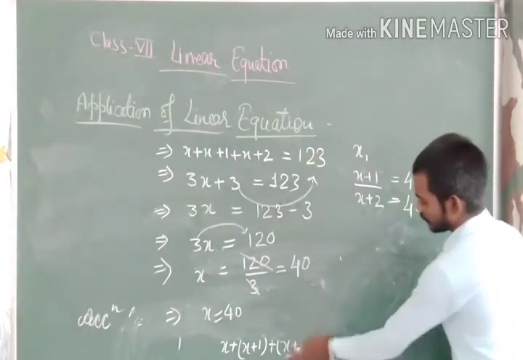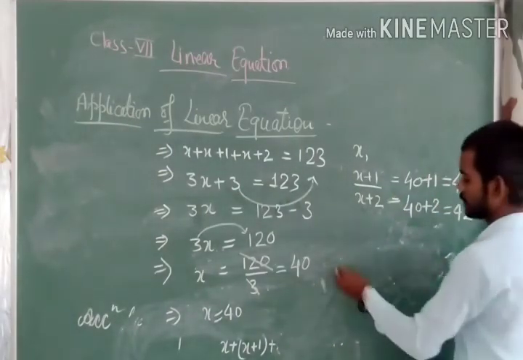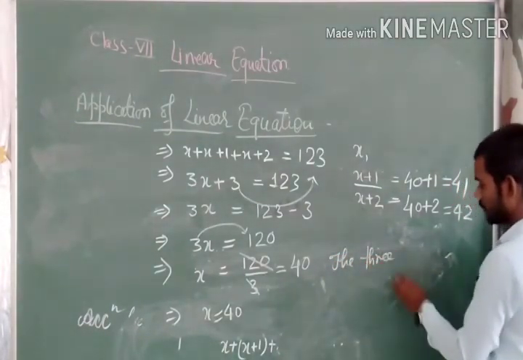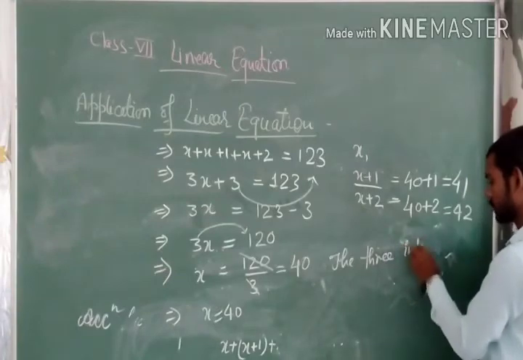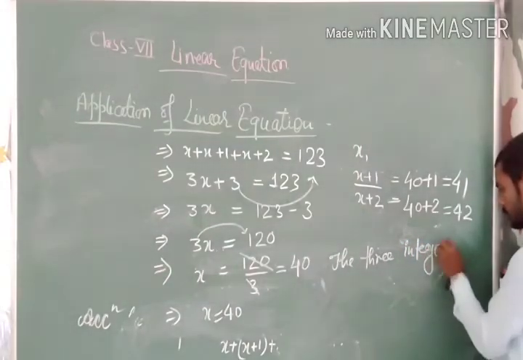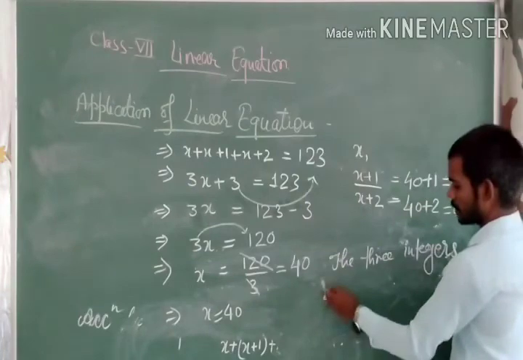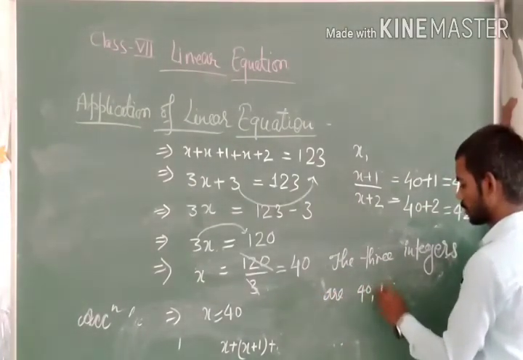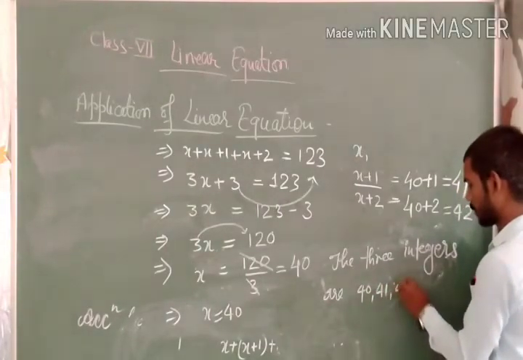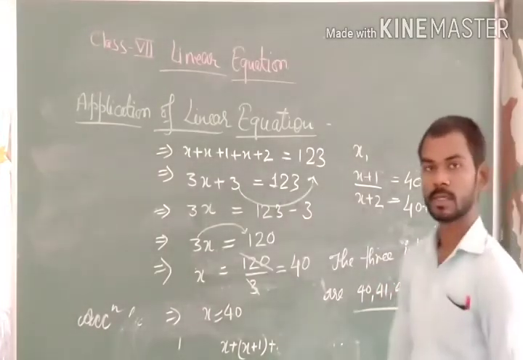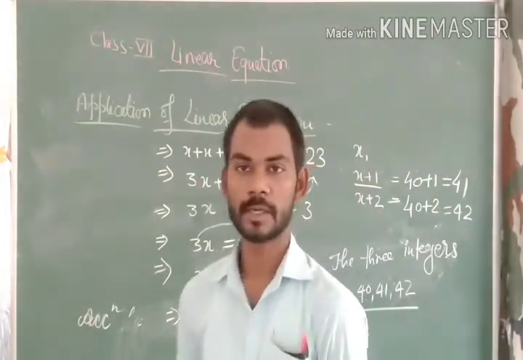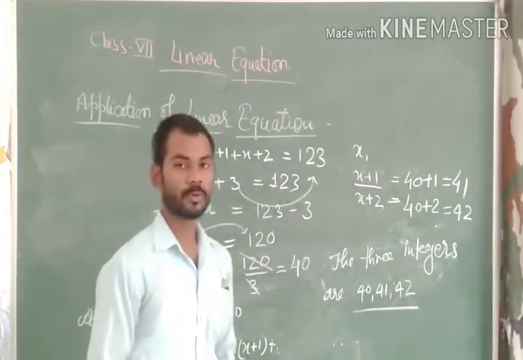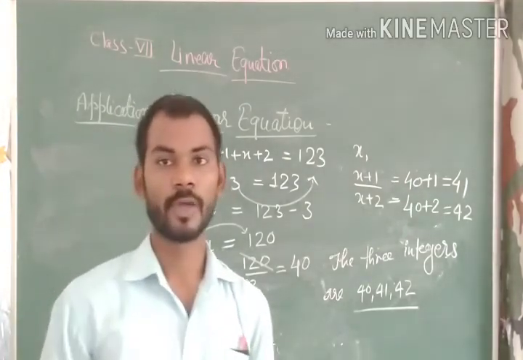So the final result is the three integers are 40, 41 and 42, for which the sum is 123.